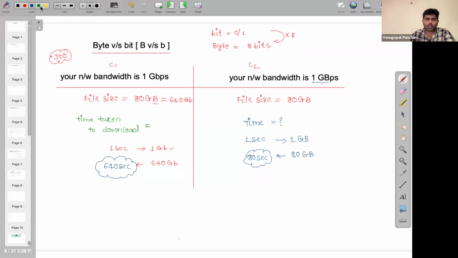Here you might not feel much difference. This is 640 seconds, and this is 80 seconds. But what if the file size is very large?